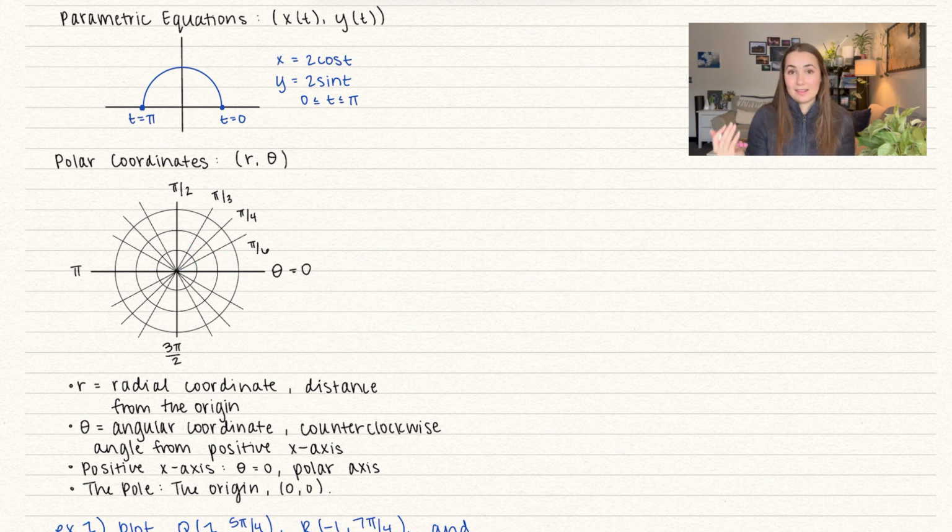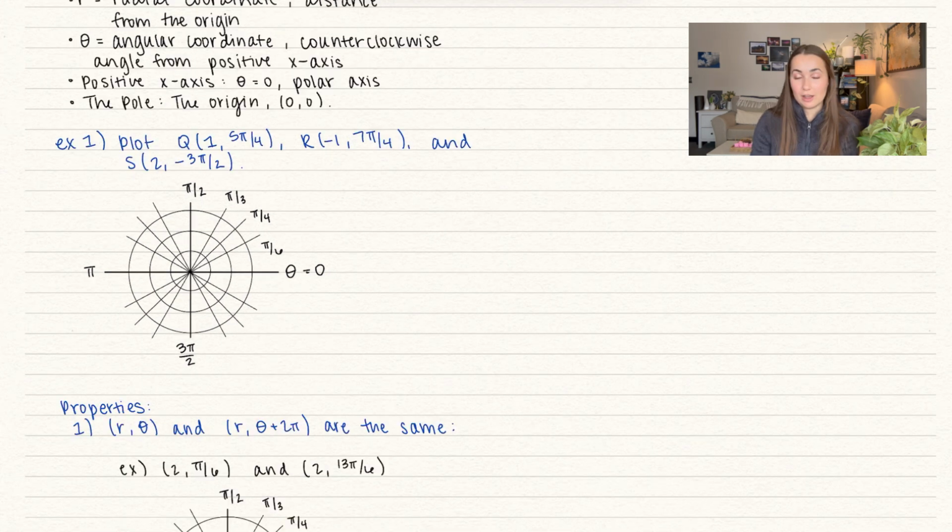So the point that we can represent is r comma theta. It's going to be the radius comma the angle that we're at. So here's an example right here. I have a radius of 3 because I go out 1, 2, 3 units away from this origin. So that's going to be 3 comma, and then the angle that I'm at, the angle pi over 6.